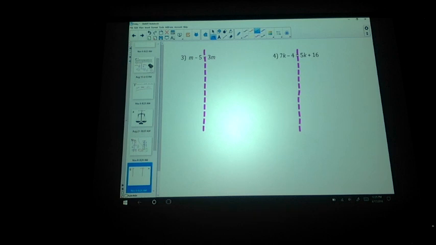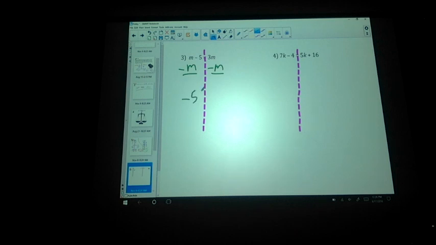All right, looking at problem number 3, I need to get m on either the right side or the left side. So we have to kind of choose what we want to do. You want to move the 3m over to have 0 on the right side, or do you want to move the m over to be on the left side, have left negative 5? What do you think? So move the m. So I'm subtracting 1m from both sides.